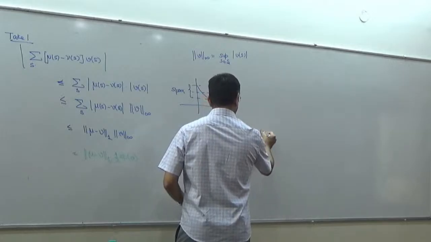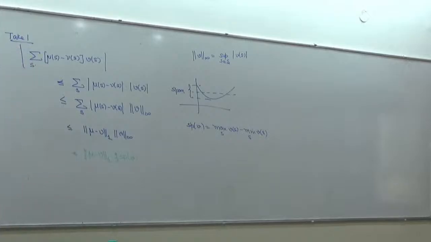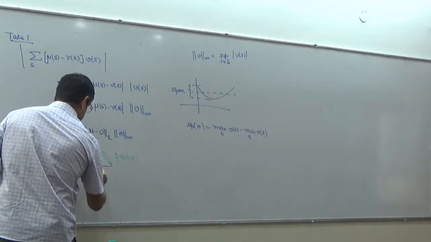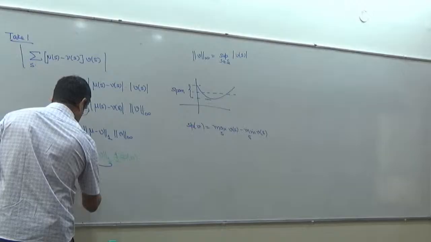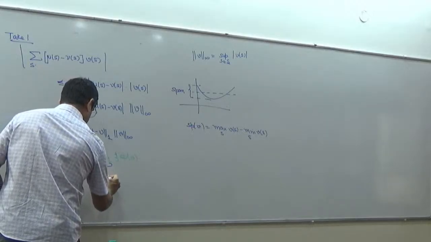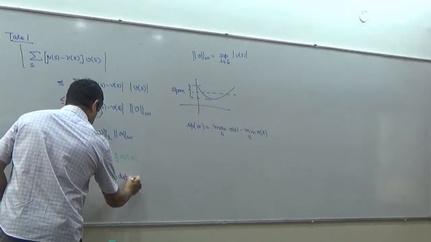This is max minus min if I am in compact state spaces. In general, this will be sup minus inf. Okay. So, I can get a tighter bound of this type. Okay. This is used quite a lot in the literature. This object is called the total variation distance between two distributions.